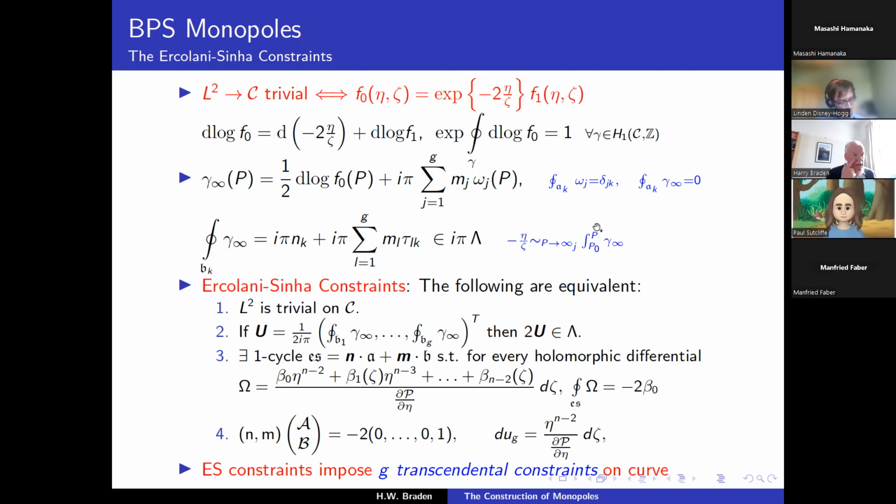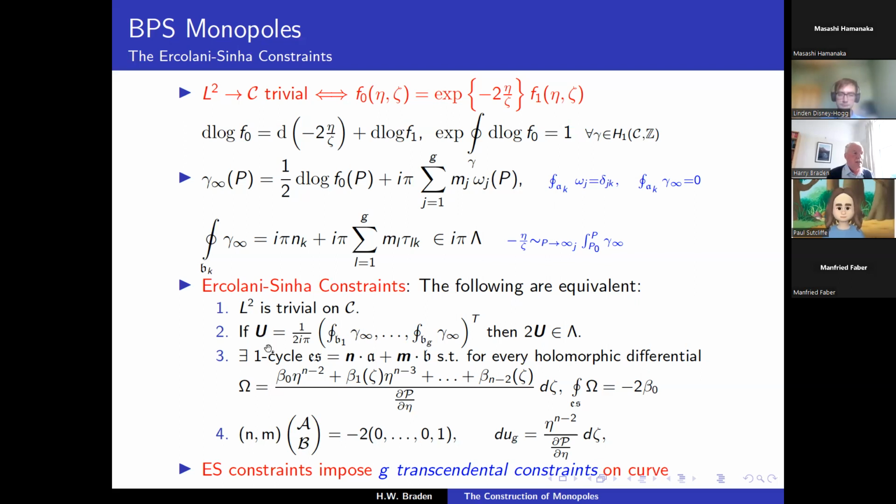So Ercolani and Sinha in the late 90s unpacked what this triviality meant. And so we have the triviality, as we've just seen, of L2 being trivial will be equivalent to this expression here being in the period lattice.